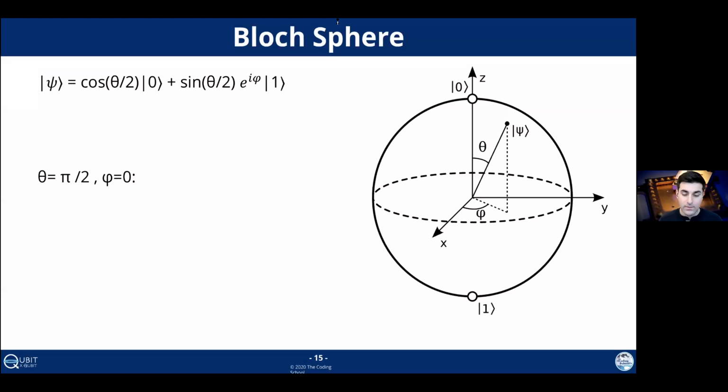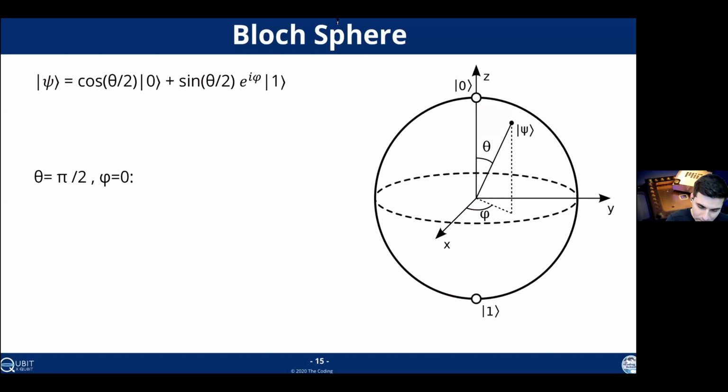Okay, so let's start doing this together now. Theta is equal to pi over 2, so the quantum state psi is going to be equal to cosine of pi divided by 4, since theta is pi divided by 2 and we have it divided by 2 there, times the 0 state plus sine of pi divided by 4.